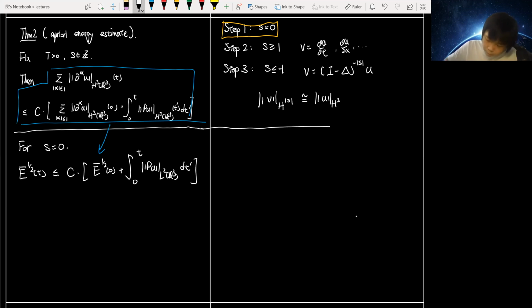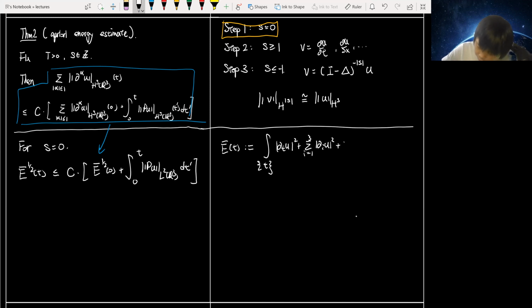Here, E bar t is more or less the energy we discussed before. We integrate along a time slice, dtu squared plus the gradient of u squared plus u squared. The only difference is that we have this base L2 term, except that that's the same as the energy. Let me recall it quickly.